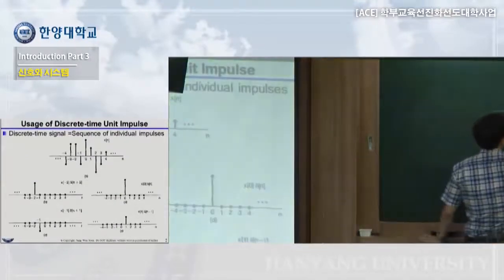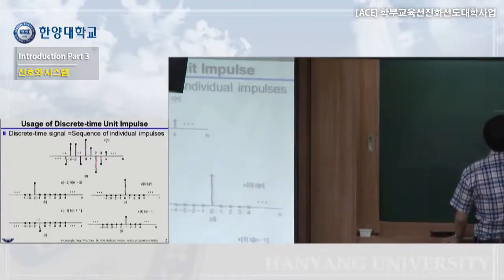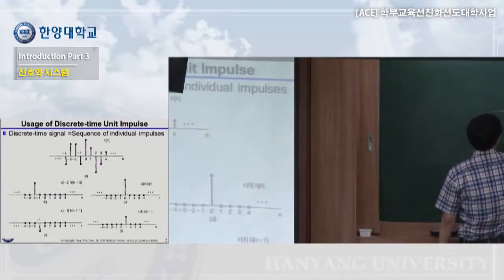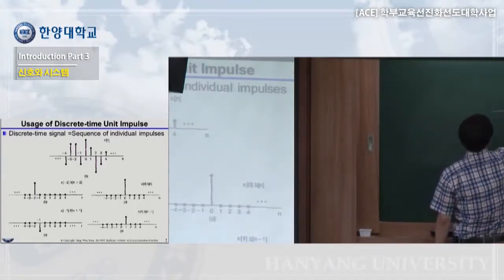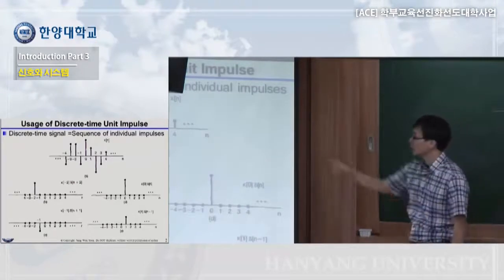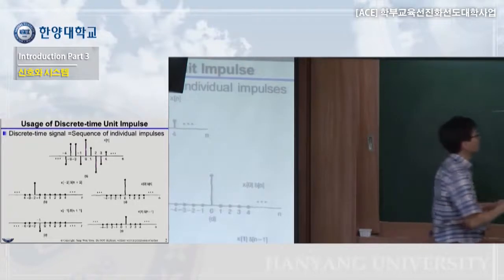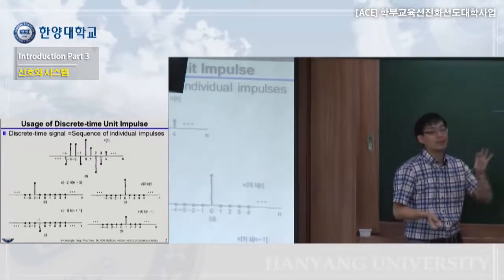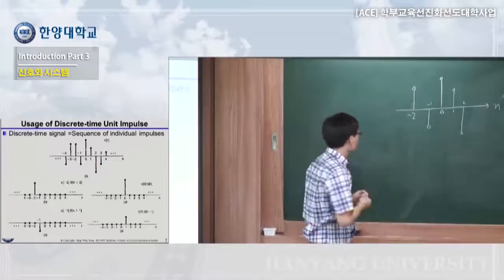I try to redraw it. 0, 1, 2, -1, 2, -2. Okay, I try to redraw it as close as possible in my point of view. And this time, how do we pick up each point? How do we pick up each point?